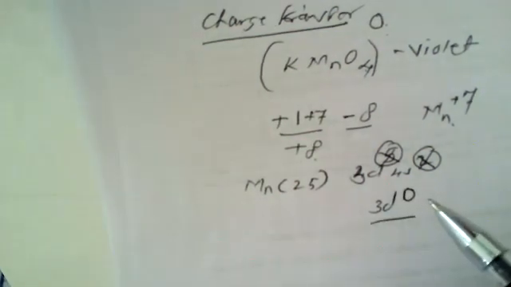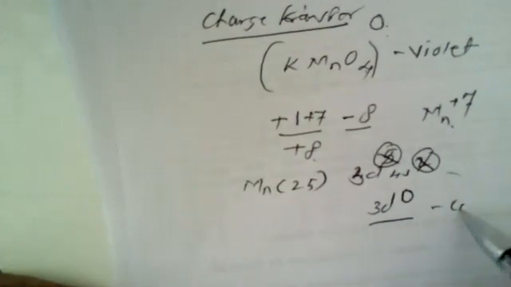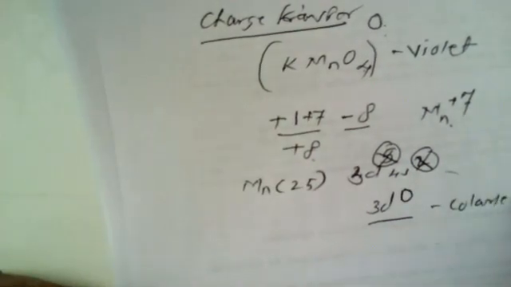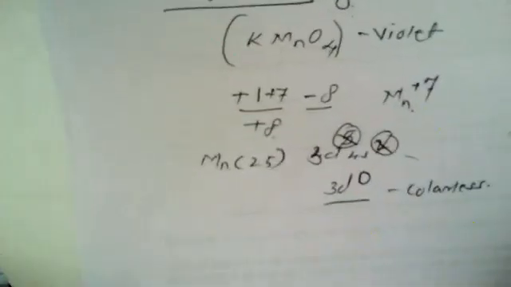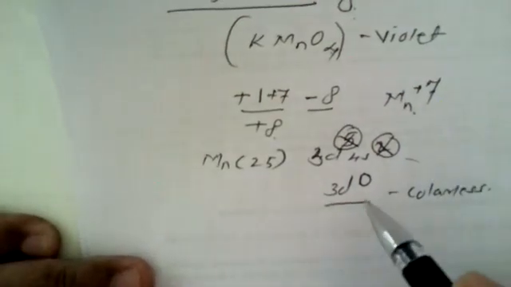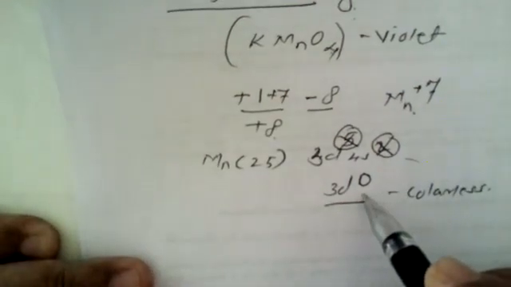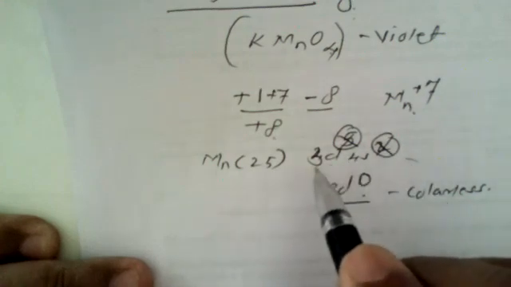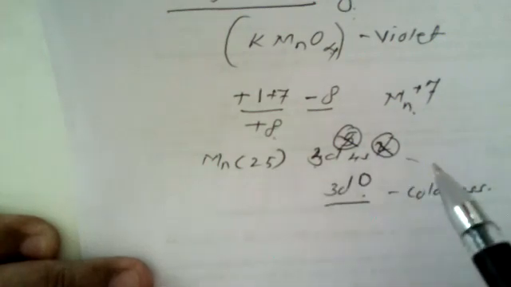Now, if a 3d0 configuration is there, according to our rule, the solution of potassium permanganate must be colorless because of the d0 configuration, that is, loss of all the electrons from 3d and 4s.